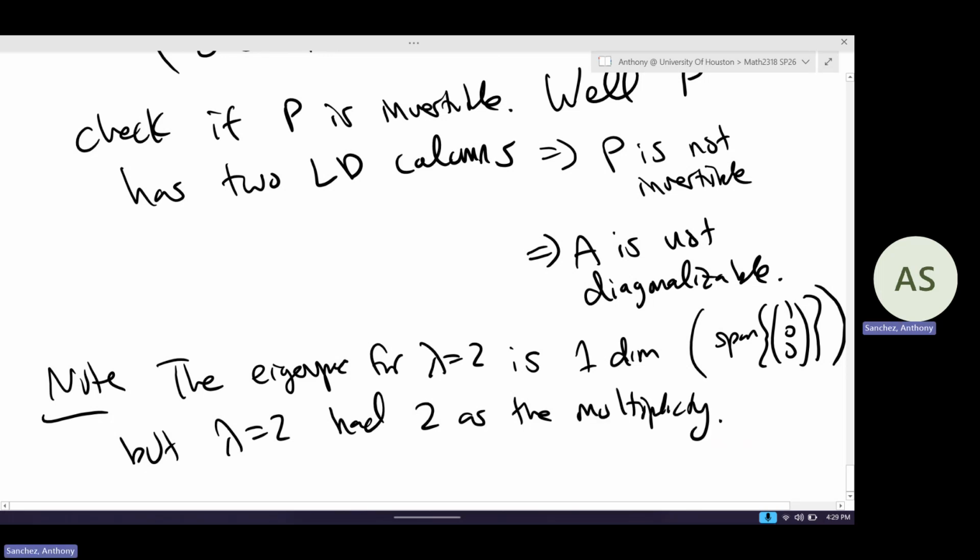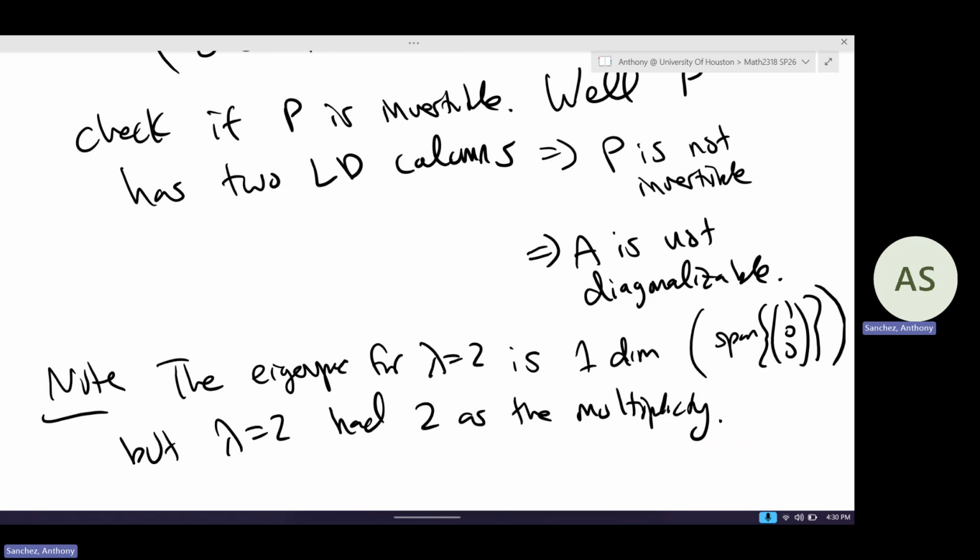So the reason why I can explain the failure of diagonalizability for this A is that I didn't have enough eigenvectors. And the reason why I didn't have enough eigenvectors is because the dimension of the eigenspace did not match the multiplicity of the eigenvalue, right? The dimension of the eigenspace was 1, and the multiplicity of the eigenvalue was 2. And so that's the reason why I can explain the failure of diagonalization in this case.